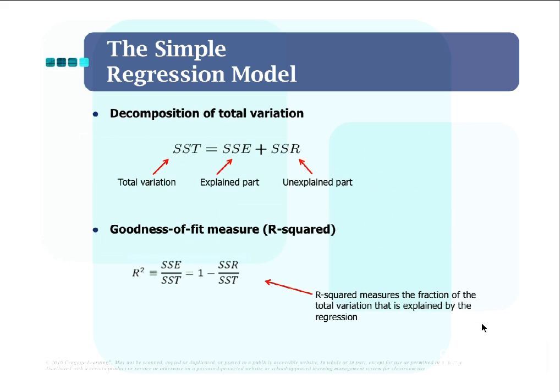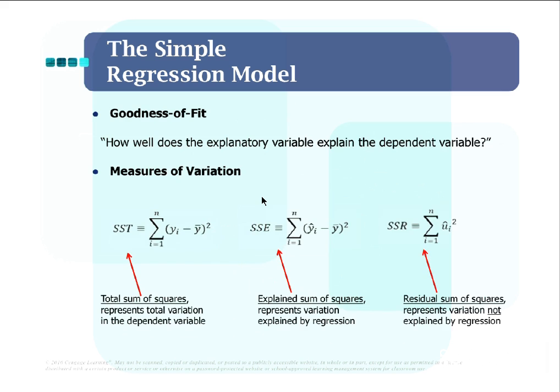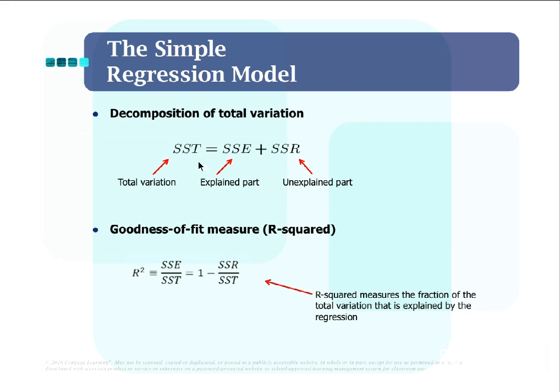And these three variations have this relationship: the total variation equals the explained part plus the unexplained part. The explained part is the explained sum of squares, plus the residual sum of squares.